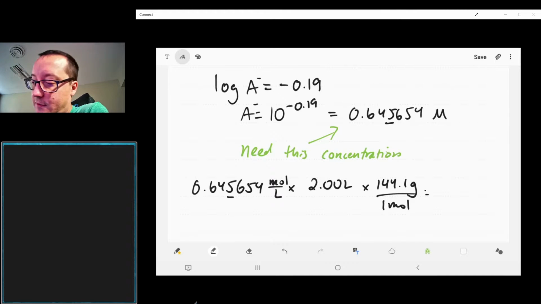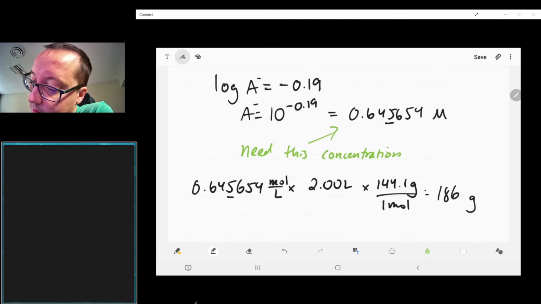We do all this stuff. We end up needing 186 grams of sodium benzoate.